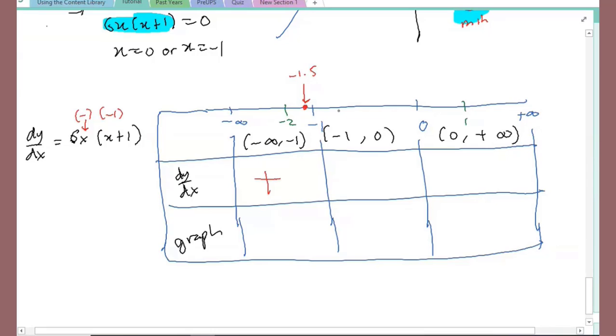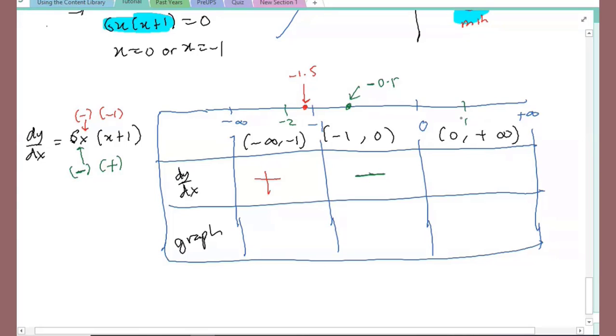And try this one too: choose 0.5 negative, between 0 and negative 1. Substitute negative 0.5: negative, and negative 0.5 plus 1 is positive, so negative.